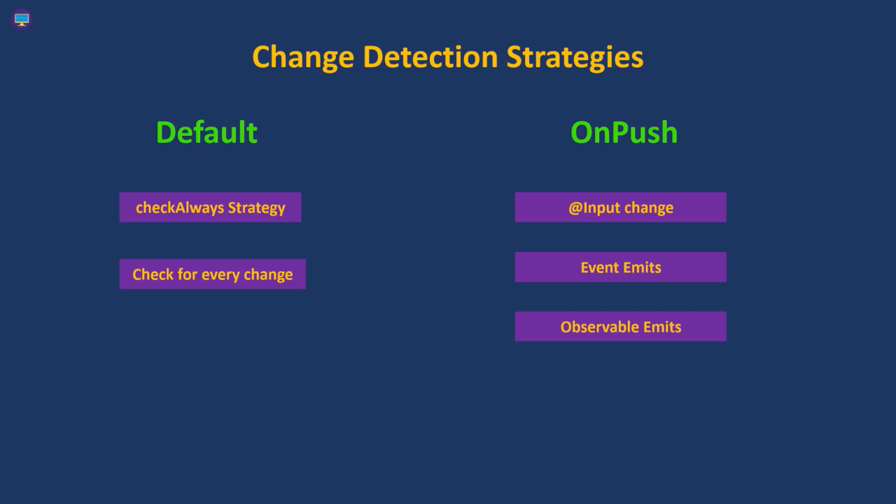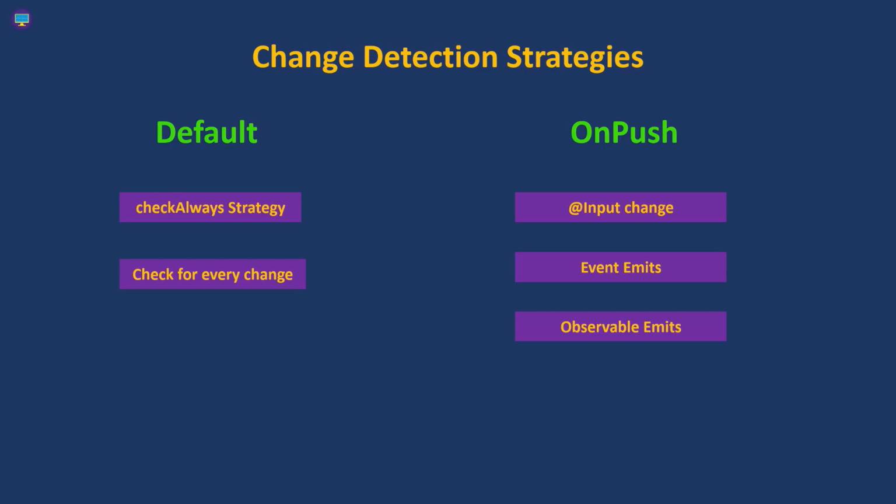What Angular is doing is it's looking for every change in all your components, for everything that is bound in the UI, and then updating everything appropriately in case there's a change in the component. However, when you use a reactive approach, you have the option to use the onPush strategy, which is only going to look for change when there is an input change.